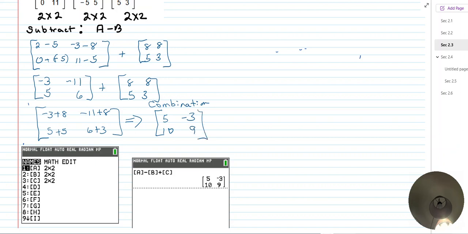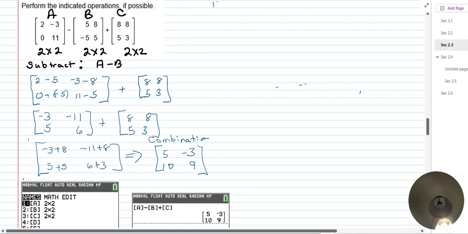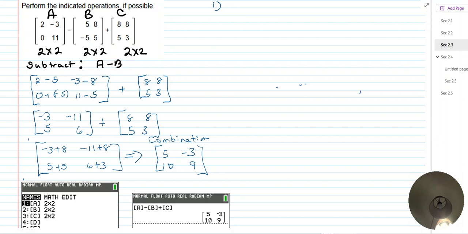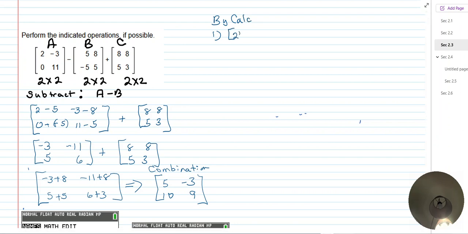All right, so let's do it by calculator. Our first step is we're going to do by calculator. I'm going to press second, matrix, second being our inverse key because it says matrix above. You'll see a row of commands.